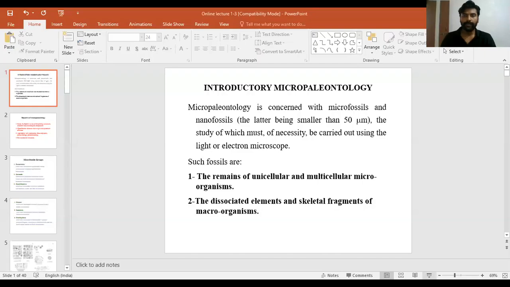So when we say micropaleontology, it simply means that the organism can be visible through naked eyes, but it cannot be studied without the aid of a microscope. Those organisms which can only be identified at the taxonomic level through a microscope come under the purview of micropaleontology.